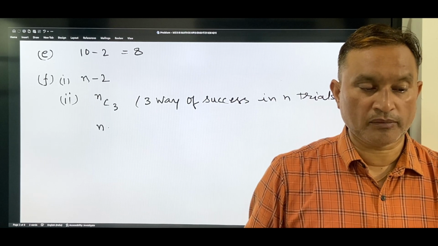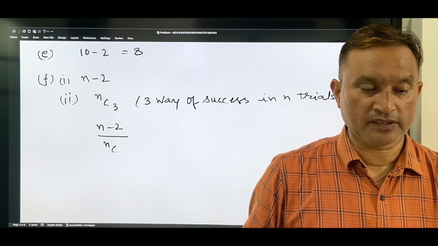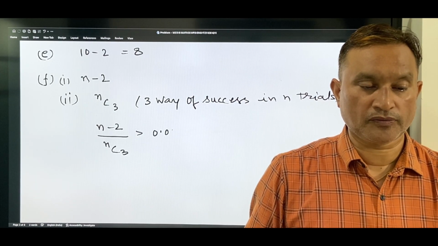So n minus 2 upon nC3 is greater than 0.05.